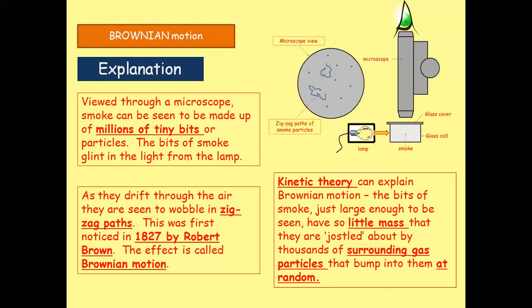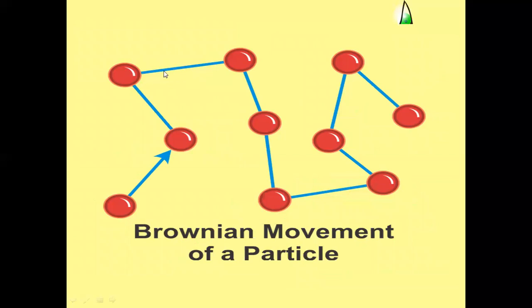As you see, the particles move in a small straight line, then change direction into another small straight line, then change direction again. So this is the Brownian motion.